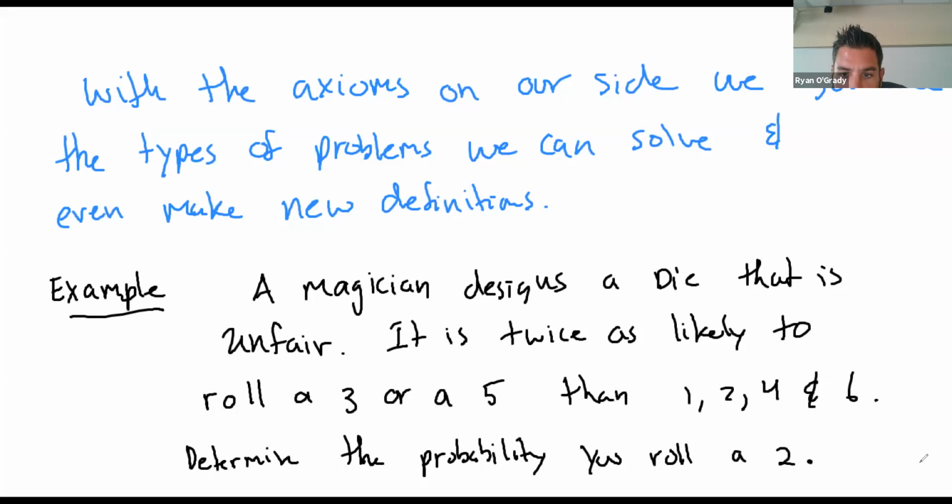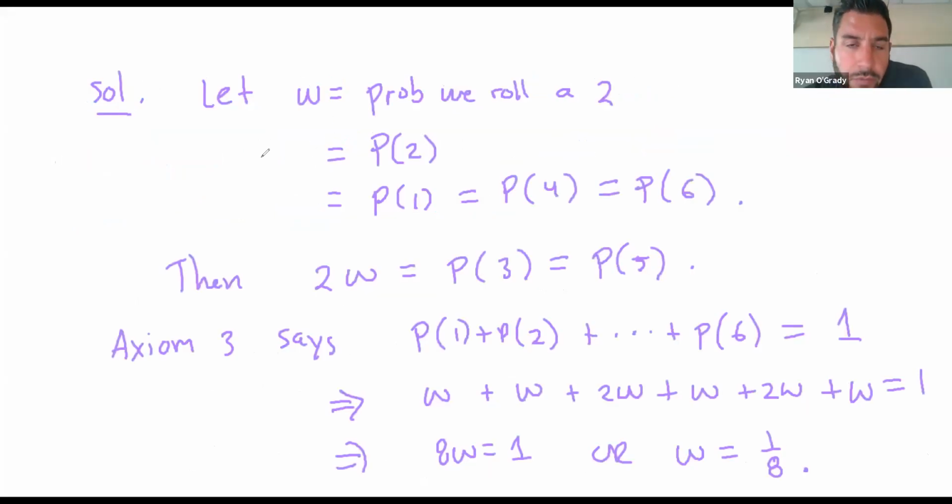So I don't know what the numbers are, so I have to reason them out. So I start by giving it an unknown name. If there's something I don't know what it is, I'm going to give it a name. I'm going to call it W. I don't know why I use W. I really don't. It just came to my head. So I'm going to say the probability we roll a 2 is W. Now, by the setup of the problem, that means the probability that we roll a 1, or a 4, or a 6, those are all equal to W, whatever it is.